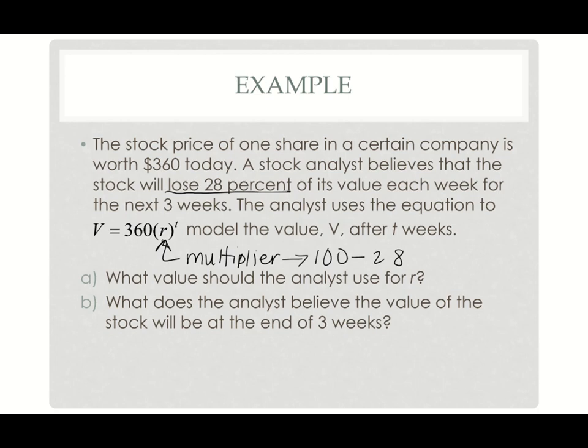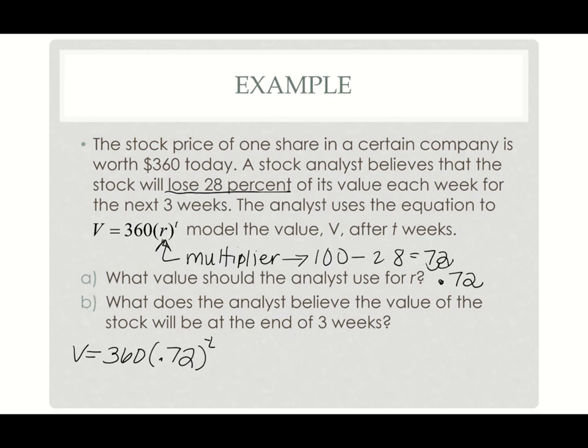So if I take 100 and I subtract 28, I get 72. And if I change that to my decimal, the value for R should be 0.72. So that means my equation is going to be V, the value, equals 360, my initial, times 0.72, my multiplier, raised to the T power, depending on the number of weeks we have.